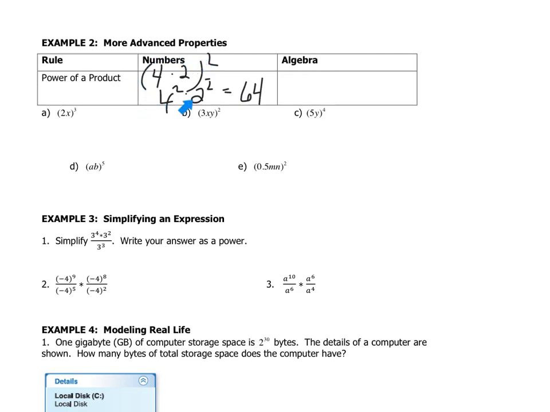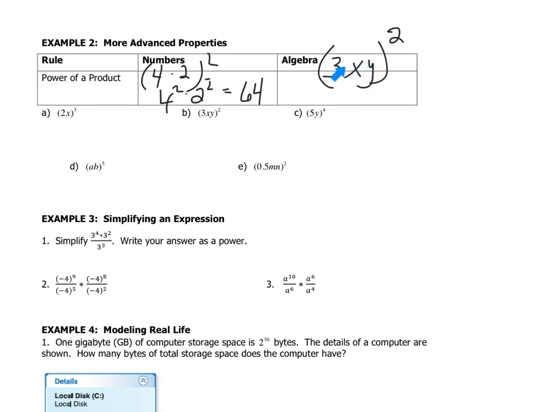So just showing you the steps with numbers, this is one way to do this, but I really want to focus more on this algebra part. So here's an example, 3xy raised to the second. So what we can see, unlike in the MADSPAM rules when they had the same bases, we can see 3 different bases inside here. We see a 3, we see an x, and we see a y.